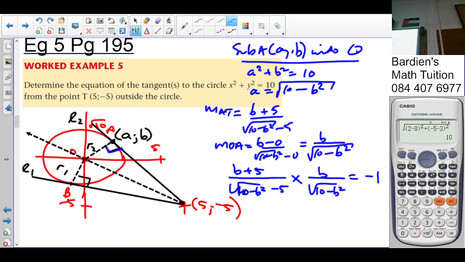Sorry about that. So we're going to divide both sides by this fraction here. So it's B plus 5 over the square root of 10 minus B squared minus 5 is equal to negative the root of 10 minus B squared over B.